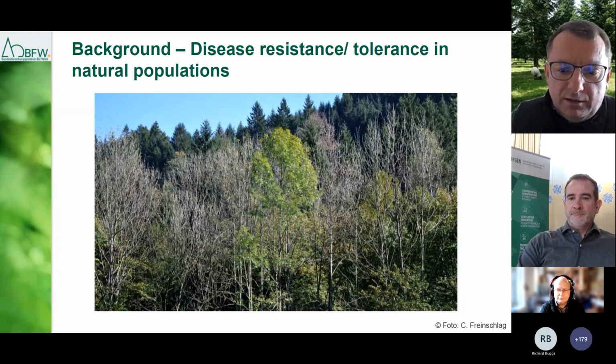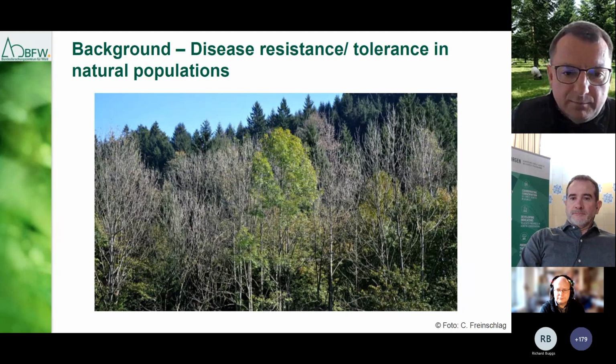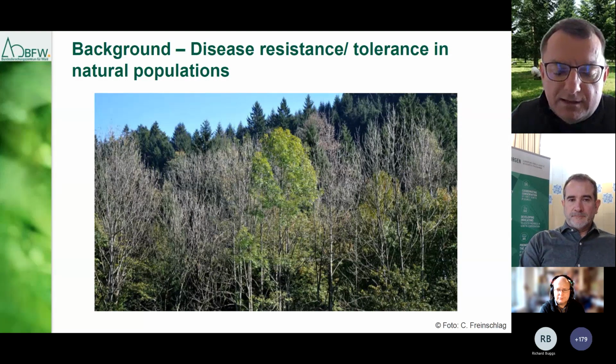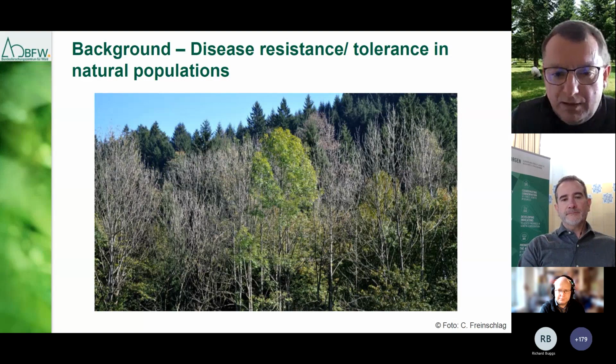But there was hope, because in many stands you can still see some ash trees which look relatively good in comparison to the rest of the population. So there was early hope for a genetic component to the resistance.